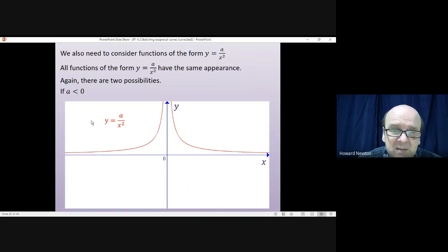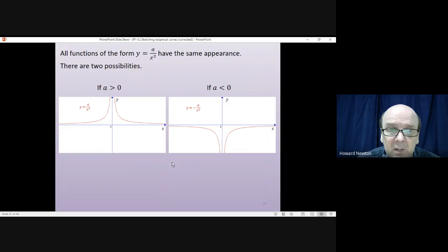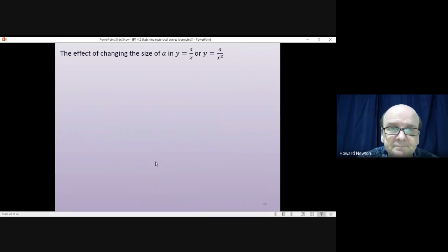If a is negative, you're multiplying by minus 1, and what that gives you is a reflection in the x-axis. So both of these halves will reflect down beneath the x-axis, and you get something like that if a is a negative number. So those are the two possibilities for a over x squared. If a is a positive number, then the graph will look like this. If a is a negative number, it will look like this.